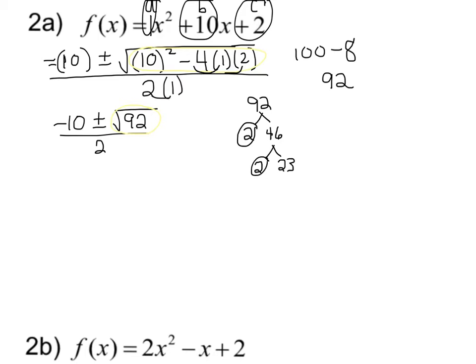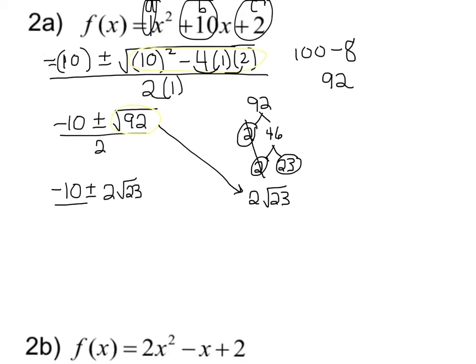So 2 is prime, and so is 23. So it looks like we have a pair of 2's, so that's going to simplify to 2 square root 23. So that's what we're going to put for the square root of 92. So we'll have -10 plus or minus 2 square root 23, all divided by 2.